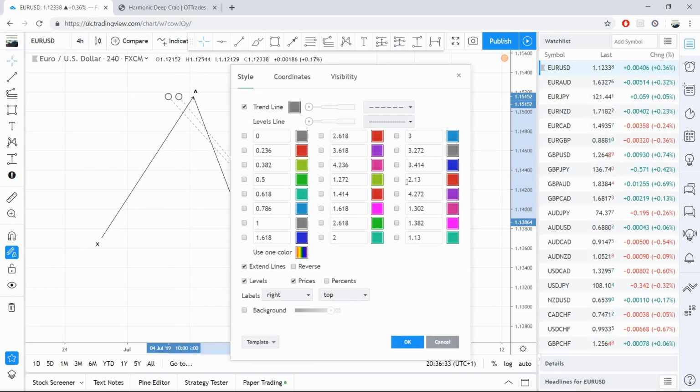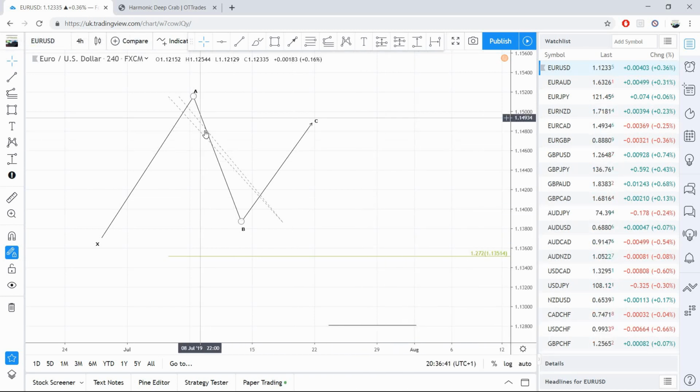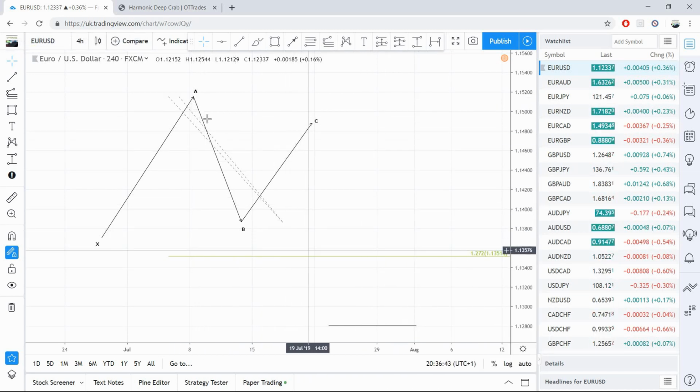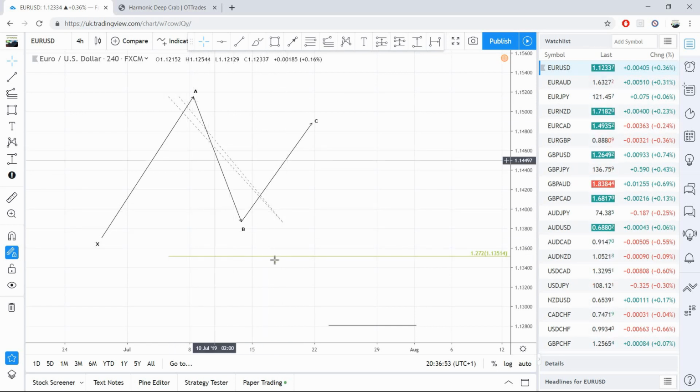So get rid of 161.8% and get 127.2%. So the 1272, that's 127.2% of this A to B move. So obviously A to B is 100%, plus 27.2% is that 1272 extension of the A to B leg.